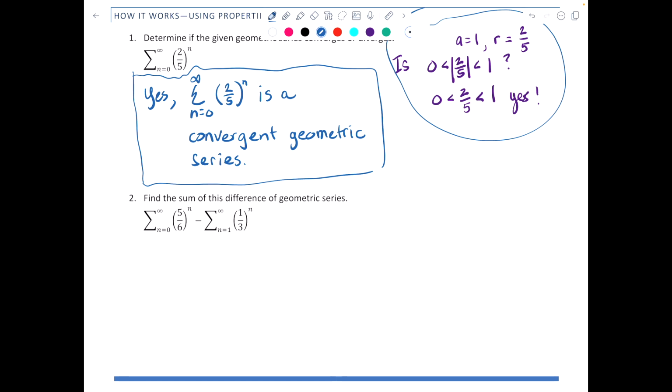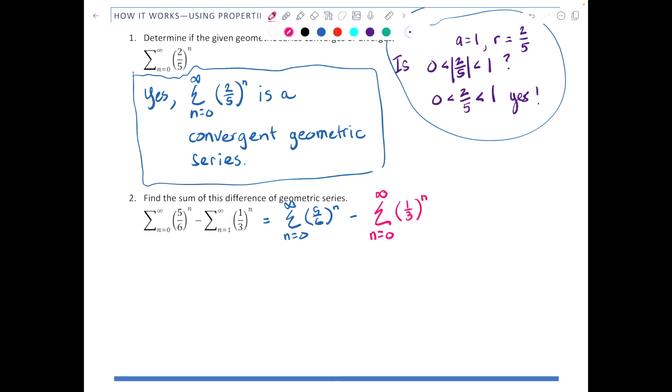So this series, or this combination of series, is going to equal the first one, which is fine on its own: the summation with n from 0 to infinity of (5/6)^n. Now the second one, I'll do in a different color, we want it to be the summation as n goes from 0 to infinity of (1/3)^n.